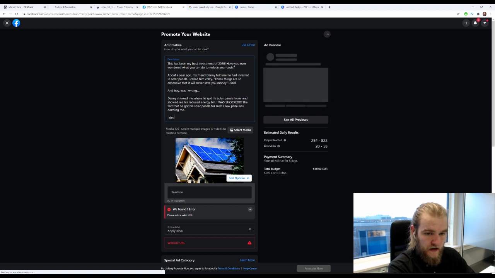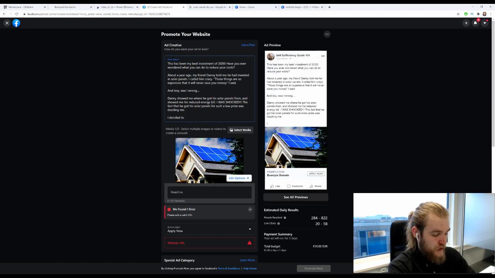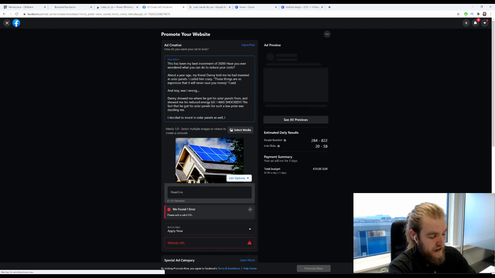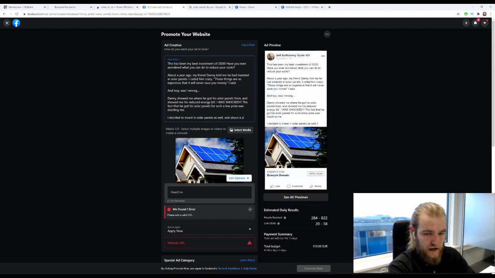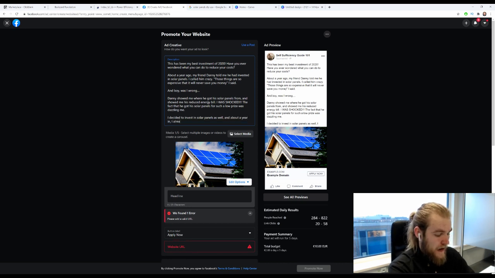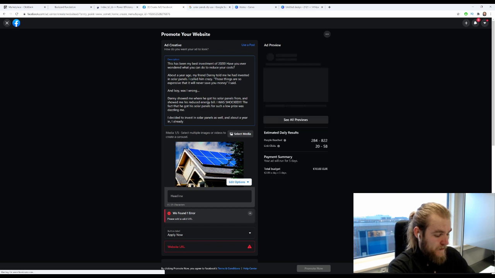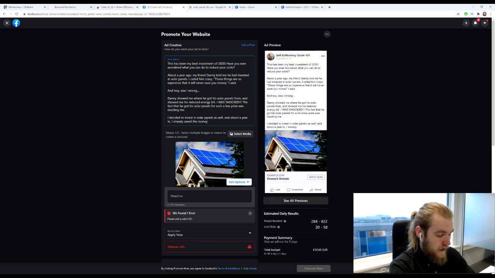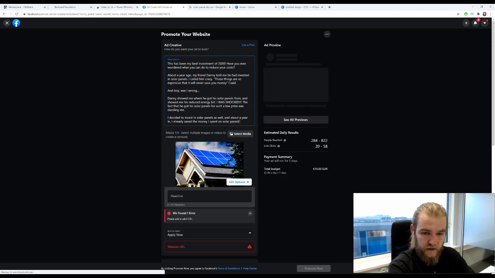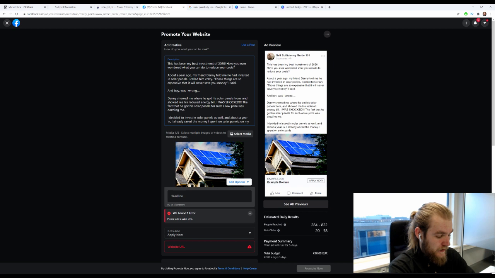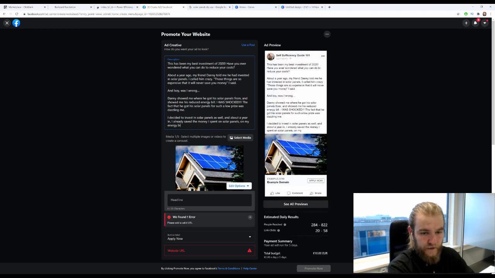I decided to invest in solar panels as well. And about a year in, I already saved the money I spent on solar panels on my energy bill.